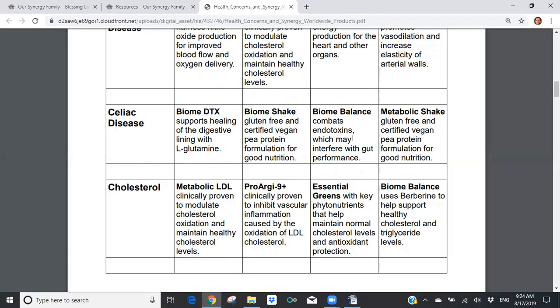Now, before Pro-Arginine Plus was clinically proven to work in this area, I had plenty of clients with cholesterol issues who found that as they used Pro-Arginine Plus, their cholesterol numbers got better. Part of that is because you improve blood flow. When you improve blood flow, you improve not only the delivery of nutrients, but also the removal of things that don't belong there, back to where they need to be processed.